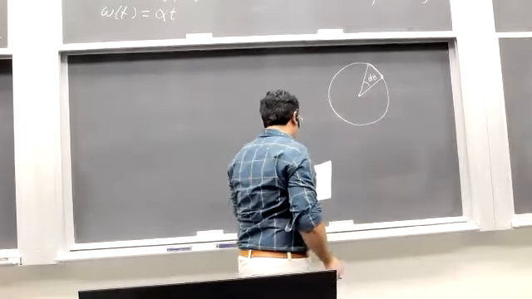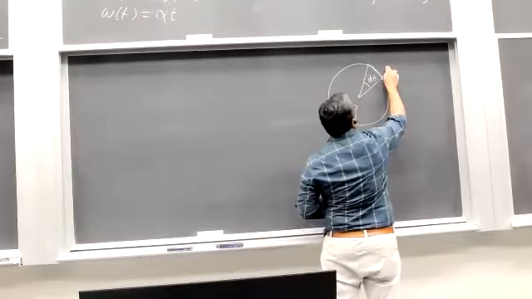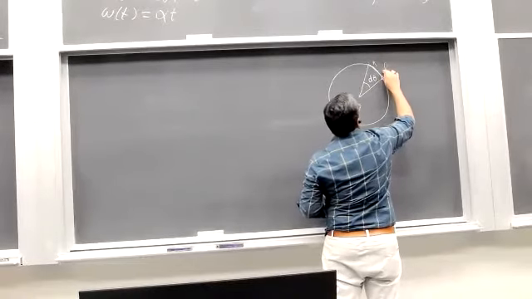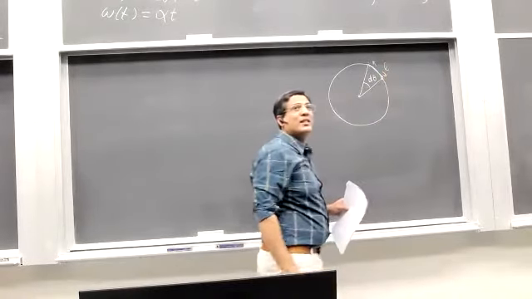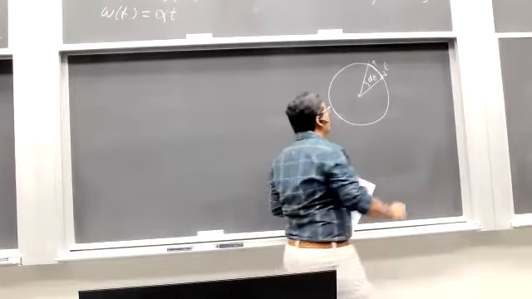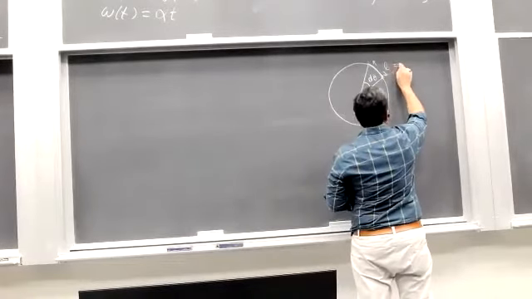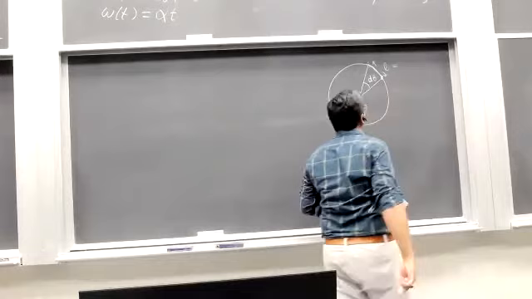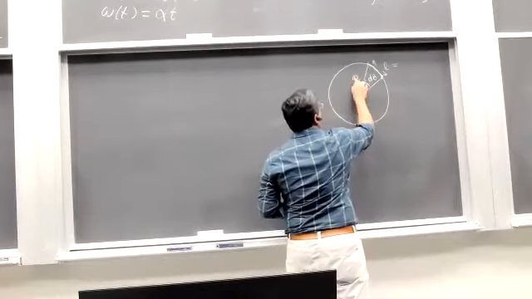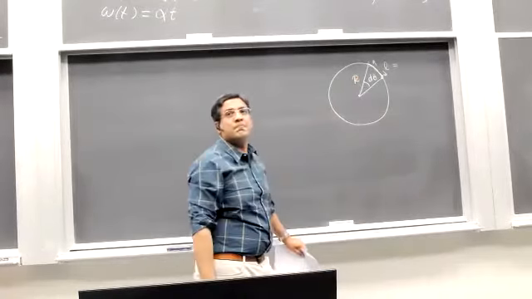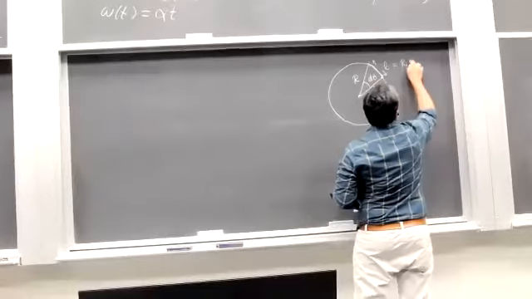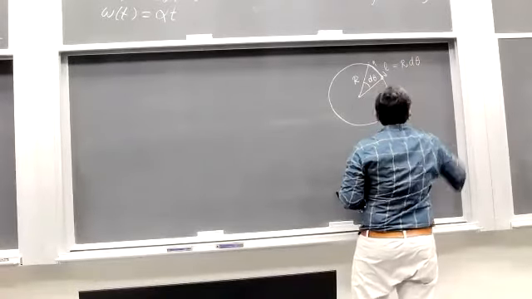Okay. So how much distance it has covered? L, right? And L is equal to, what is L equal to if the radius is R? R d theta. R d theta. All right.